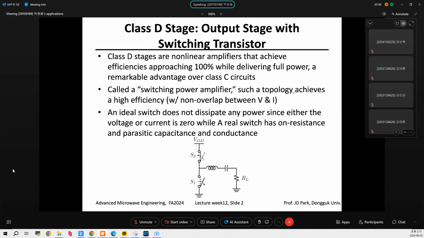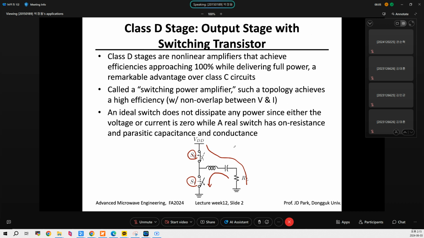So this class D amplifier is also modeled like two switches, which are operating in a complementary way, which means when this switch is on, then this switch is off, and when this switch is off, this switch is on. So it's something like charging and discharging.